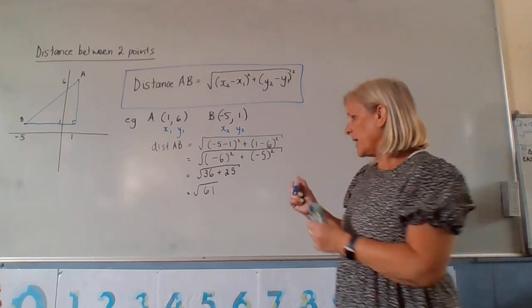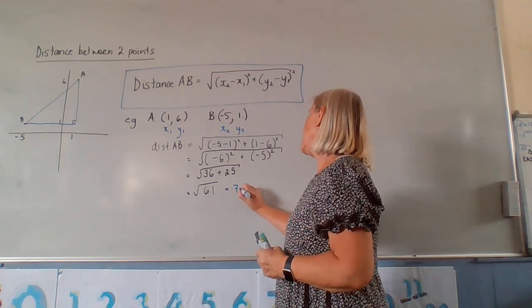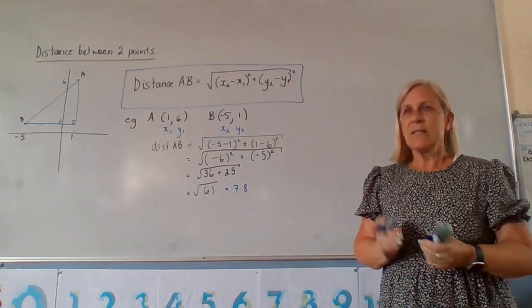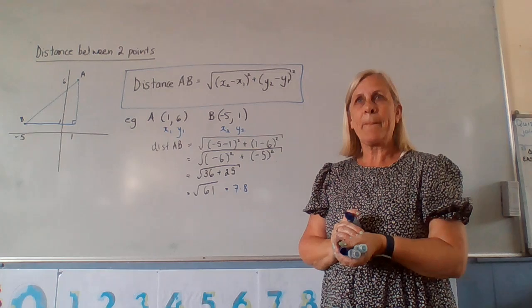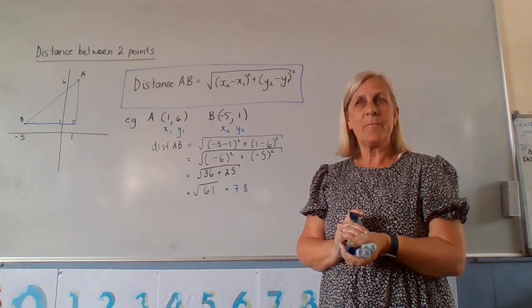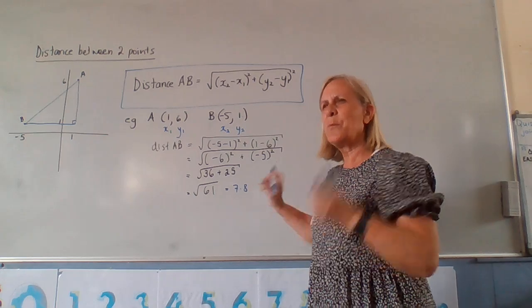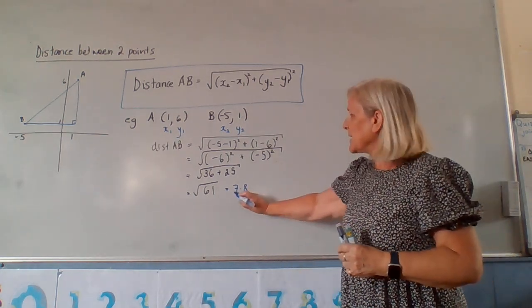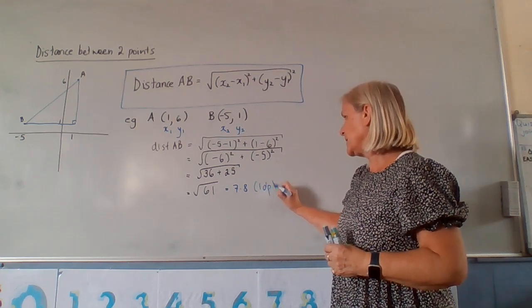So when we put it in the calculator, I'm going to make a guess, I reckon it's 7.8. Does anybody put it in? Square root of 61. Someone tell me what it is. Is it? What's the next number? Perfect. Yes, got it right. It's one of my lovely fun games. 7.8 to 1 DP, decimal place.